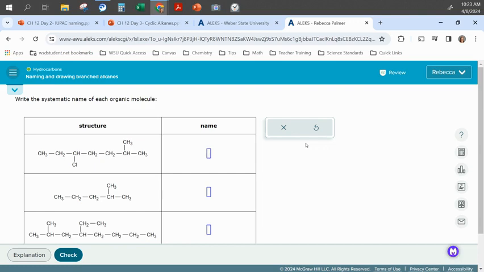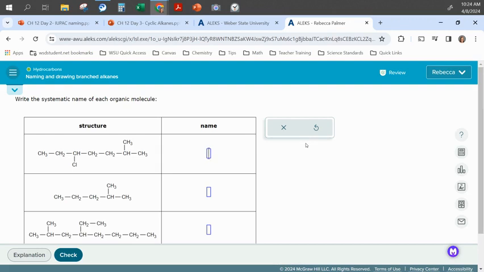So I'm going to have 2 methyl, and then this is chloro. If I go 2 methyl, then this is 5 chloro. Chloro comes first before methyl because of alphabetizing. So we're going to put this one first in the name and this one second. And then our parent chain is heptane.